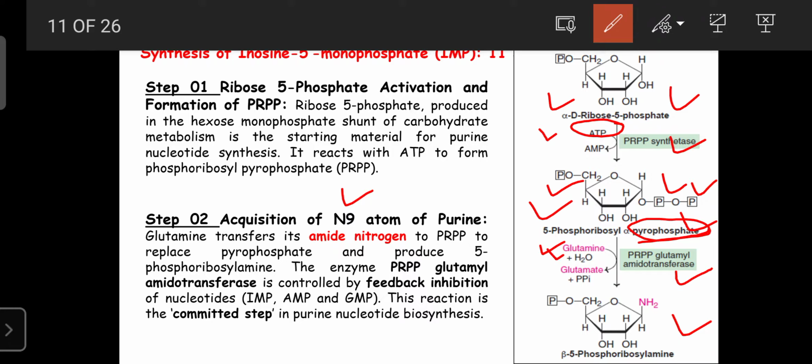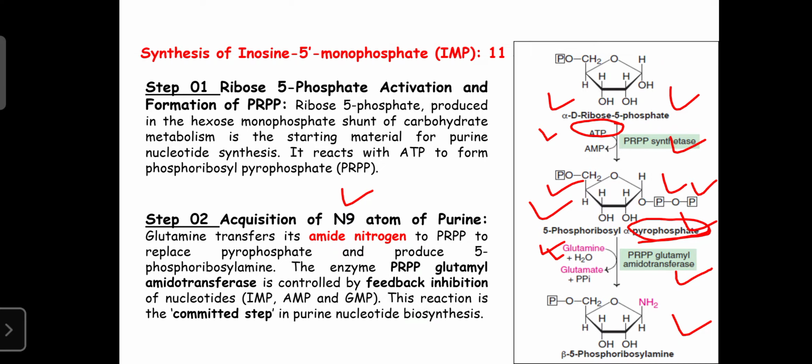So in this reaction, the water molecule is required, and glutamine is the source of the amide nitrogen for the position N9. Like that, the beta 5 phosphoribosylamine is formed from the PRPP in the presence of glutamine amidotransferase and glutamine, as well as the addition of water.